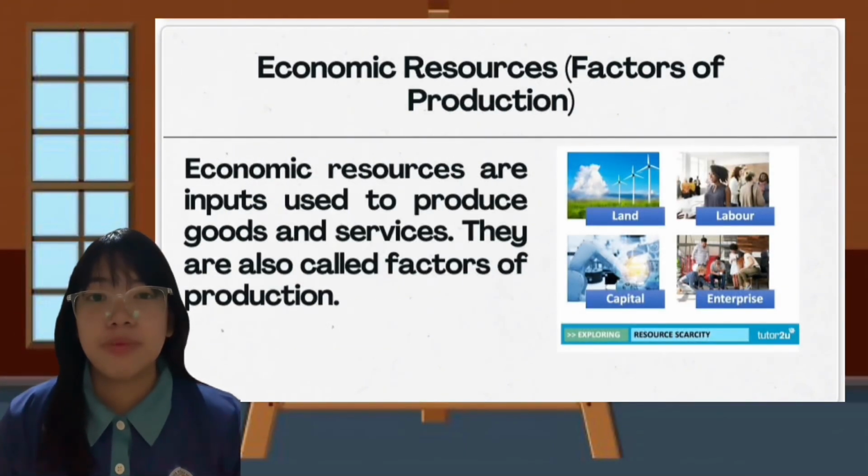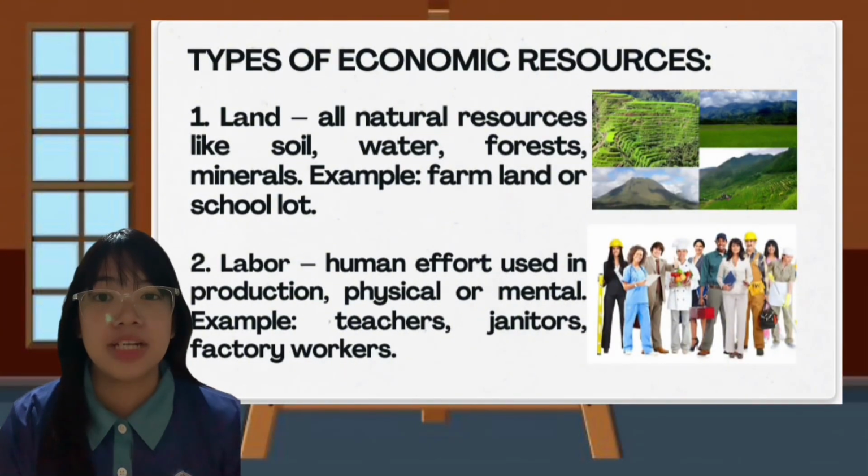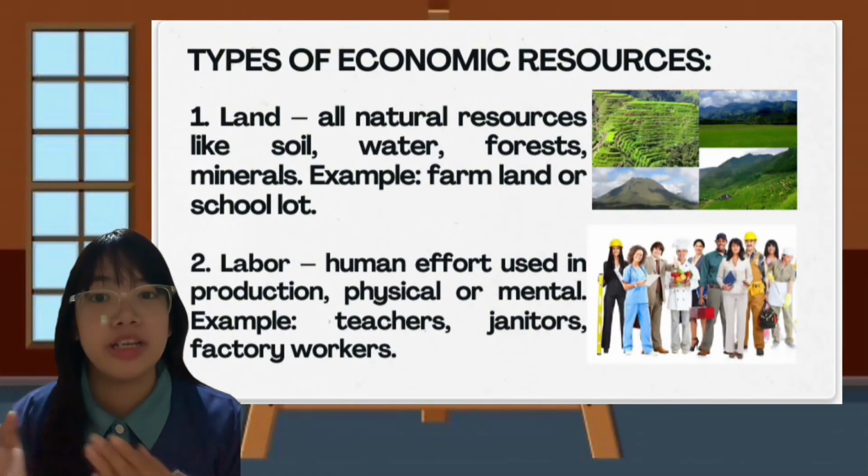Next are the economic resources, or factors of production. Economic resources, also called factors of production, include land, labor, capital, and entrepreneurship. It means all goods and services are produced using four basic resources. Land refers to all natural resources provided by nature.